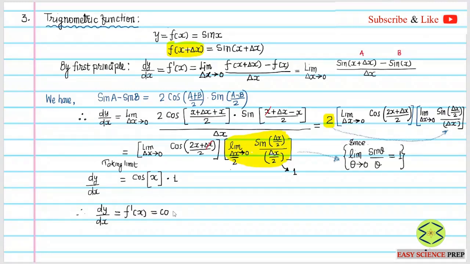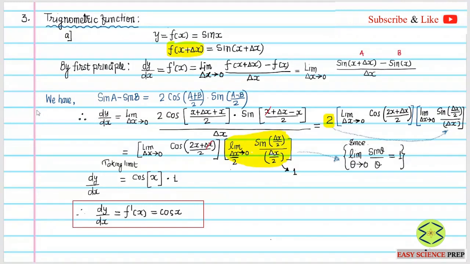So we got the derivative of sin x as cos x. The derivative of sin x is very simple, it is cos x. Similarly, we can also write down other trigonometric functions. This was the first function we discussed.